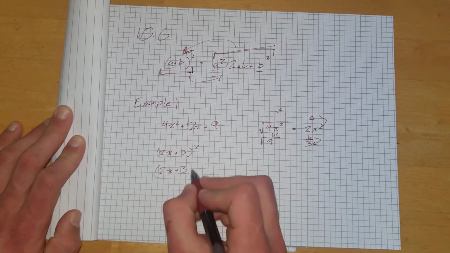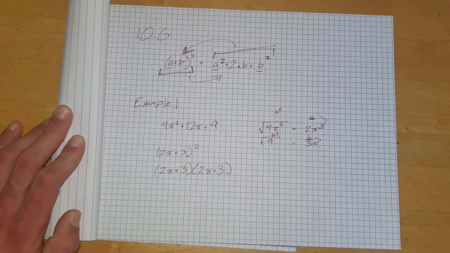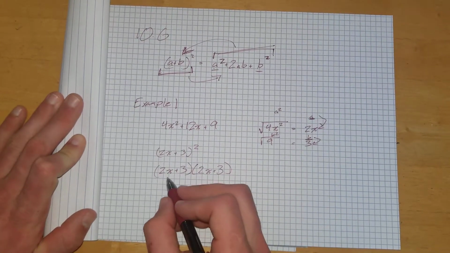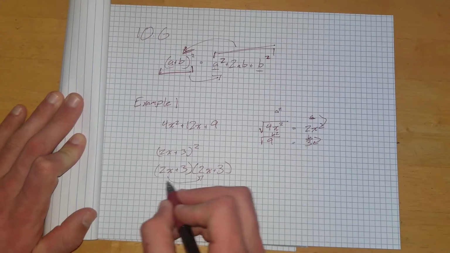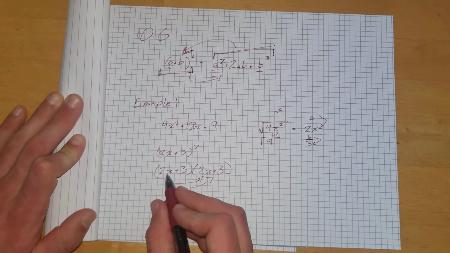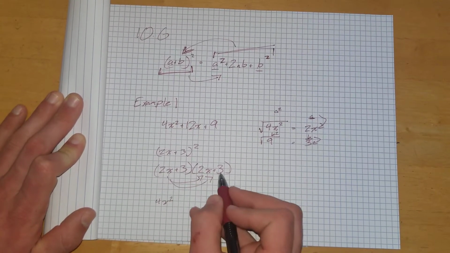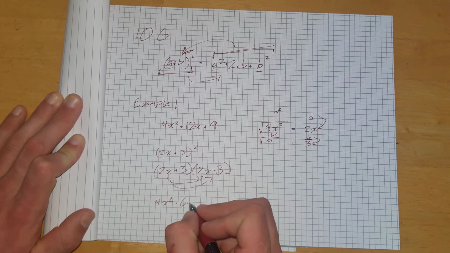2x plus 3 times 2x plus 3. We'll use distribution, right? So we're going to distribute this here and then here. So we will get 2x times 2x equals 4x squared. And then 2x times 3 is going to be 6x.